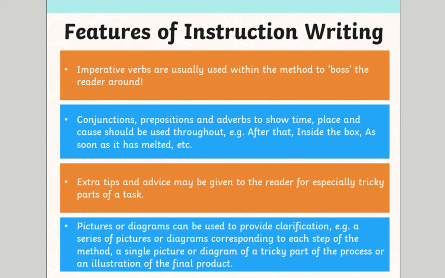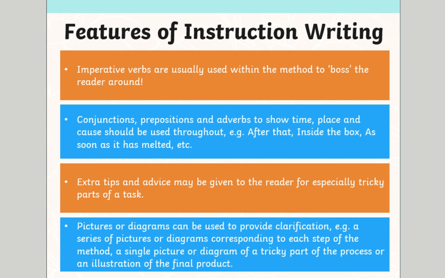So like the verb sit, you'd say sit down, or stand up, or if you're cutting something you might say cut this. We also need to include conjunctions which link words together, prepositions that might tell us where something is, and adverbs to show time, place and cause, and they need to be used throughout.